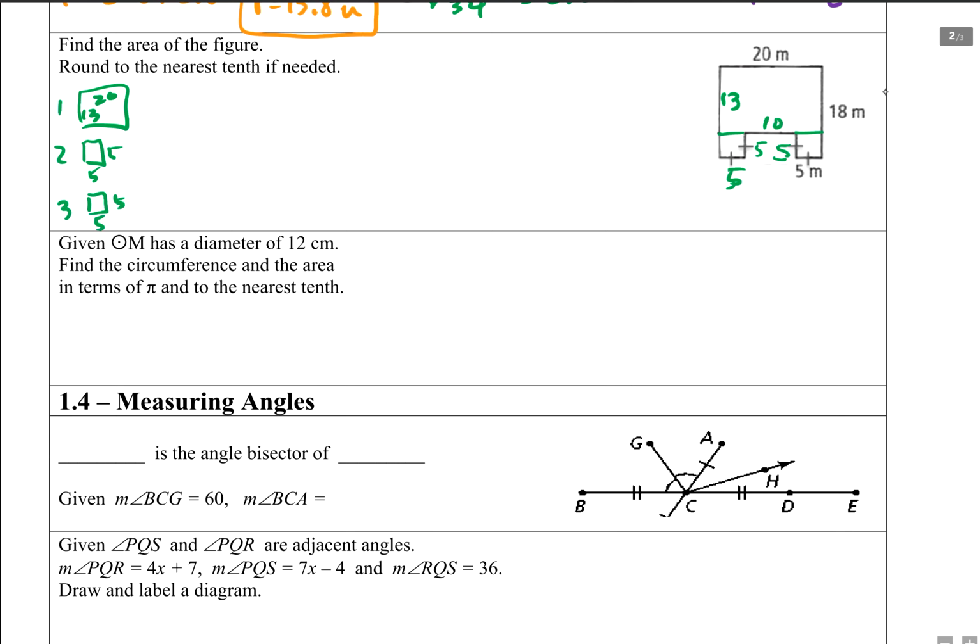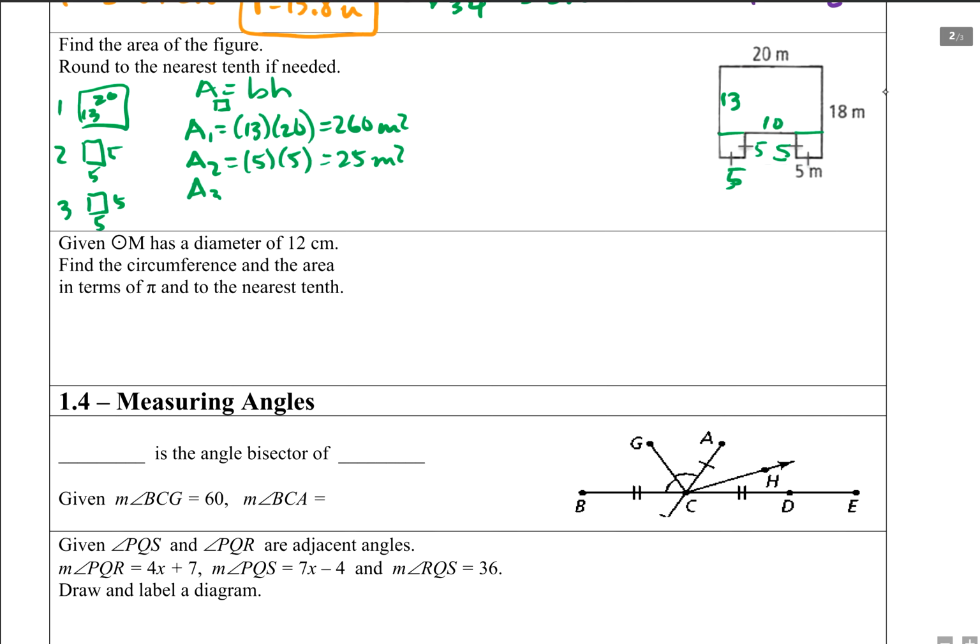So 1, 2, and 3, I know that area of a rectangle is base times height. So area 1 is 13 times 20, or 20 times 13. And that is 260 meters squared. I know that the area of number 2 here is 5 times 5, which is 25 meters squared.